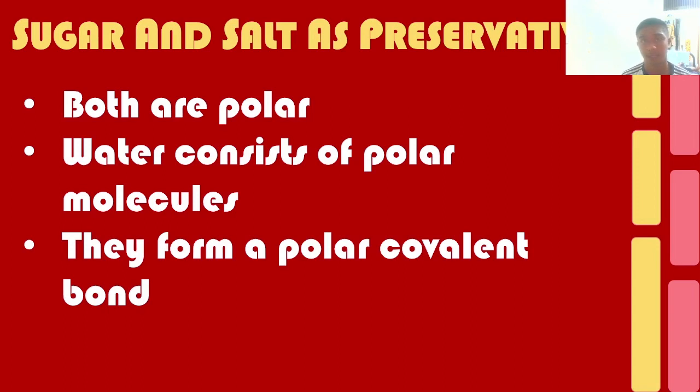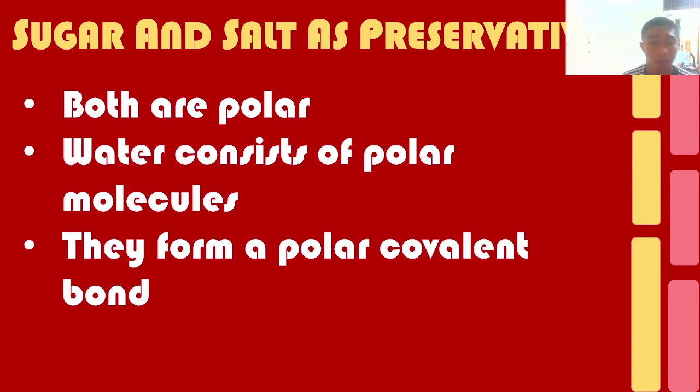Just like a magnet has a negative pole and a positive pole, it is the same with salt, with a positive pole, which happens to be the Na, and the Cl presenting the negative pole, being negatively charged. Sugar, or the sucrose we use at home, has hydrogen and oxygen in it. Hydrogen, we all know, is positively charged, and oxygen is negatively charged. So there you see the poles, the negative and the positive.